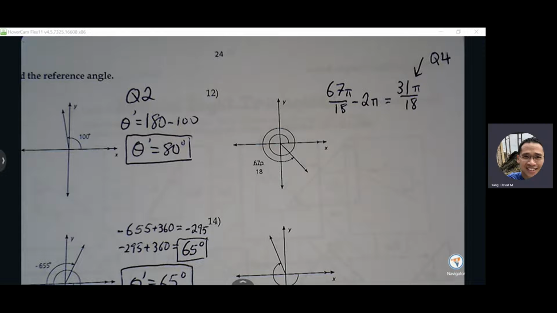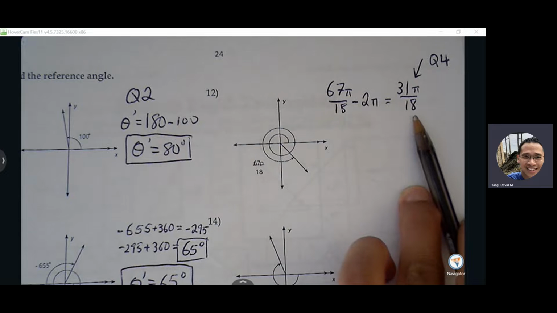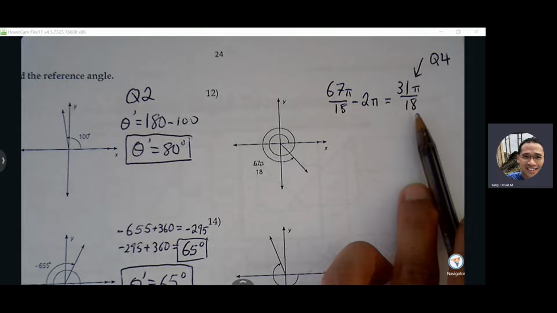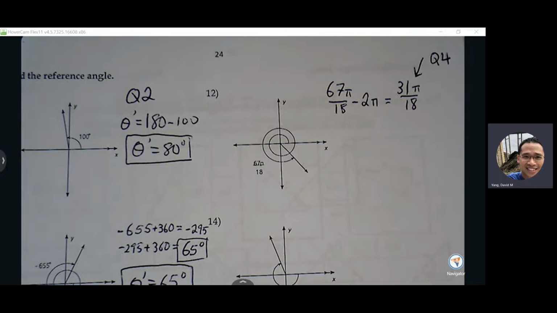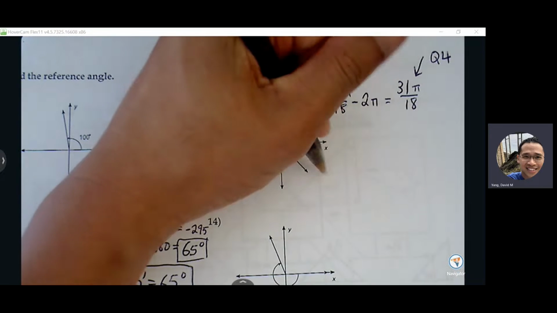Right, 1.72, so we can look at that decimal and know which quadrant it's going to live in. Quadrant 4, right, because 1.7 is between 1.5 and 2, so you know that you're already dealing with something that is clearly in quadrant 4. And now we can find the reference angle, right? Reference angle for the fourth quadrant, we're going to involve 2 pi.